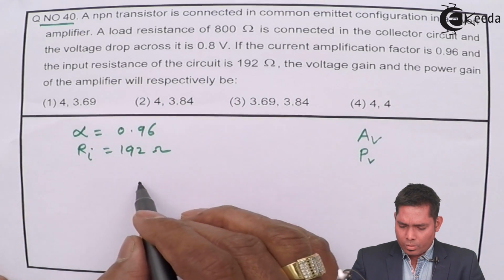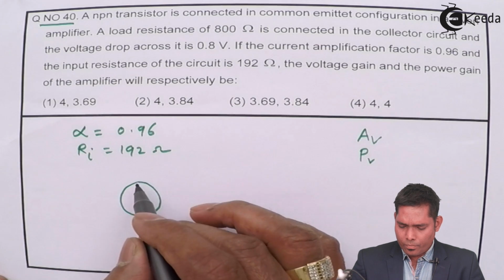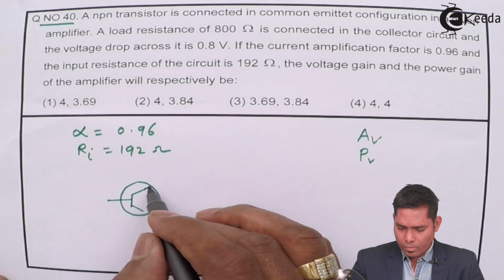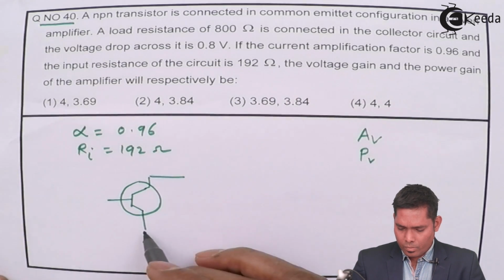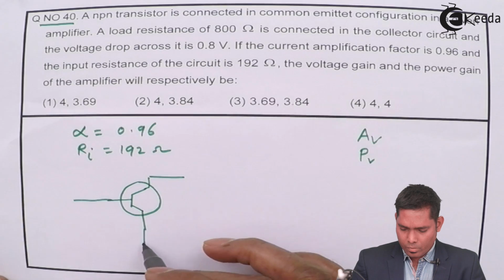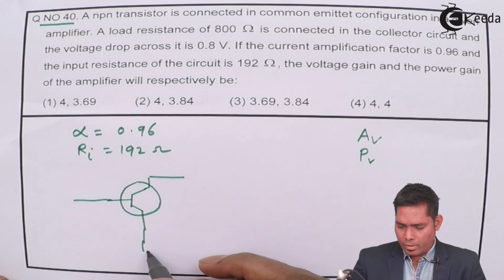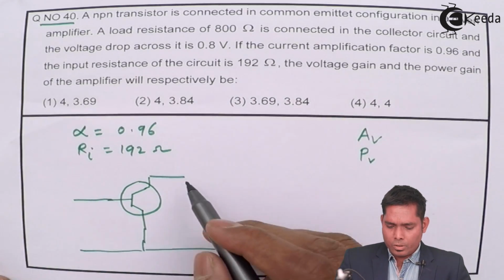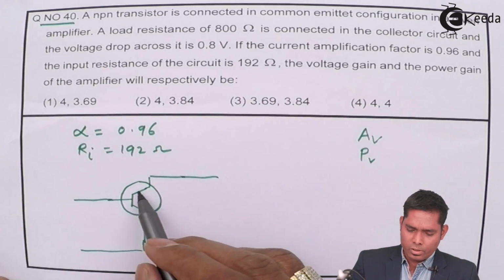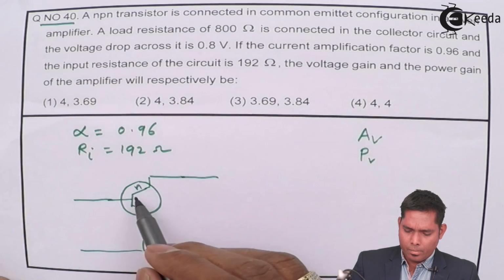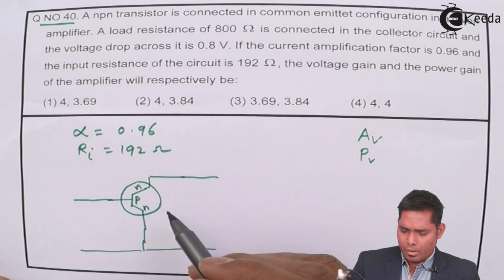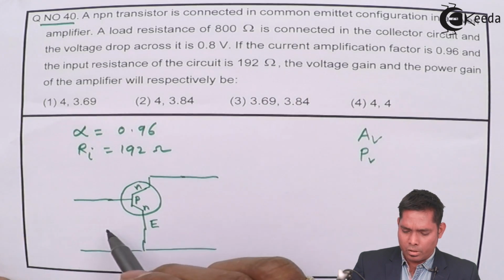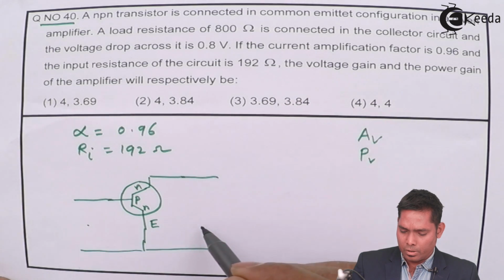Now this is just a rough idea I'm giving you, that this is the NPN transistor, and this is the emitter because this is common to both the input circuit and output circuit.